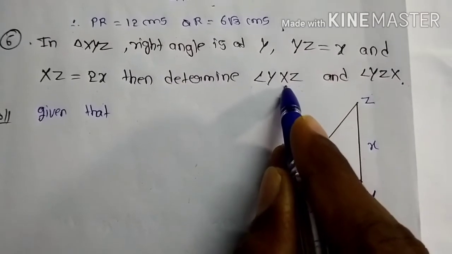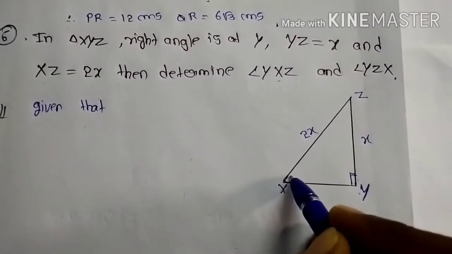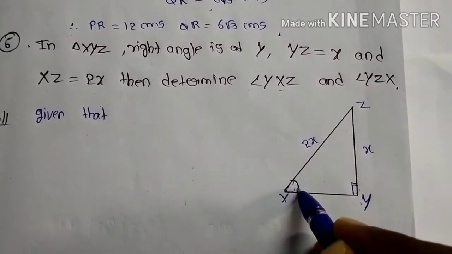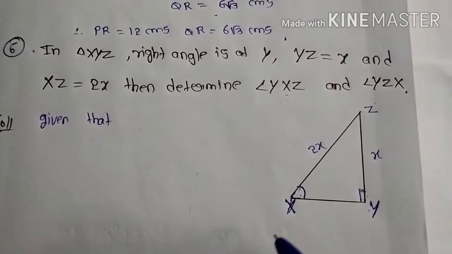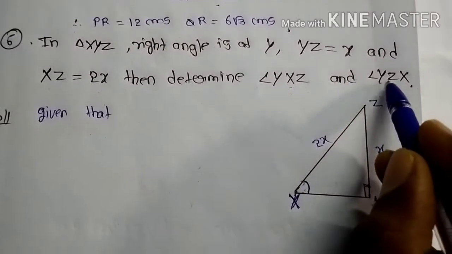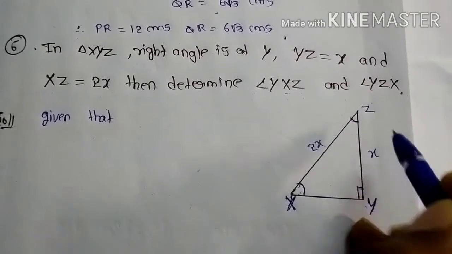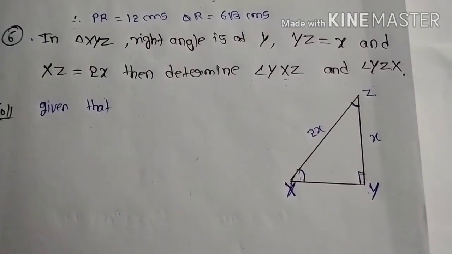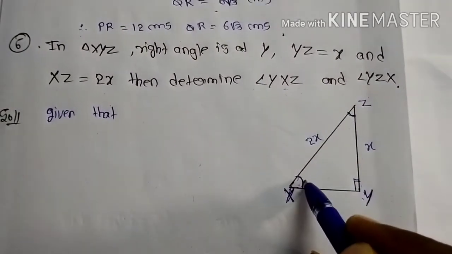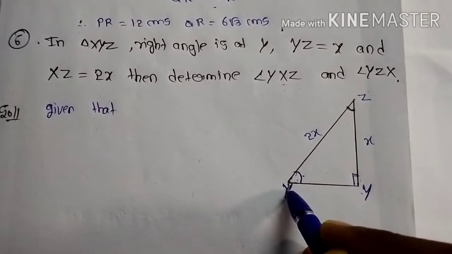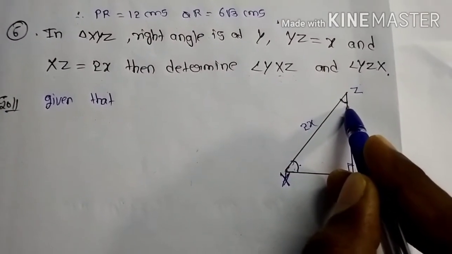Then determine angle YXZ. That means what is the middle one here? X. YXZ means you can find out the degree, that means angle X is equal to how much? Angle X and angle YZX, that means angle Z. How can you find them? We need to find the angles at X and Z. You know sine, cos, tan.